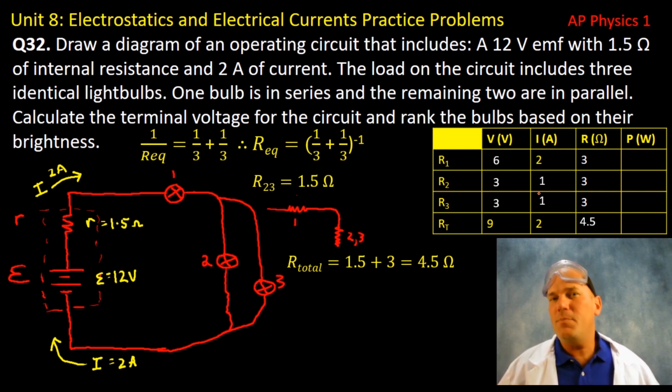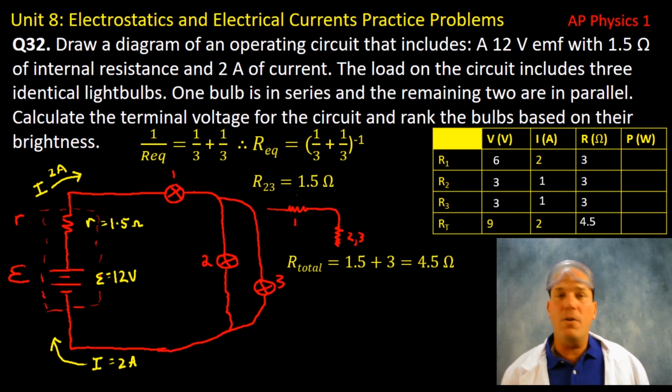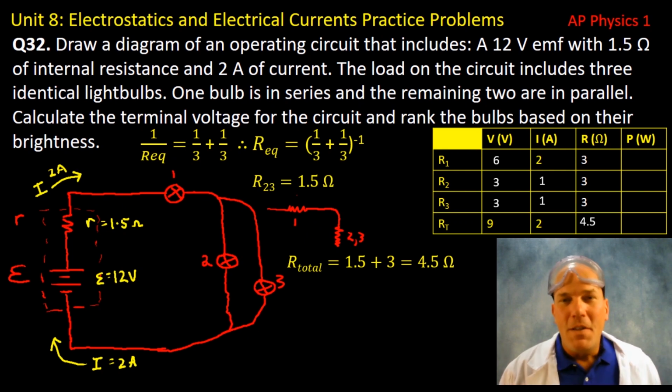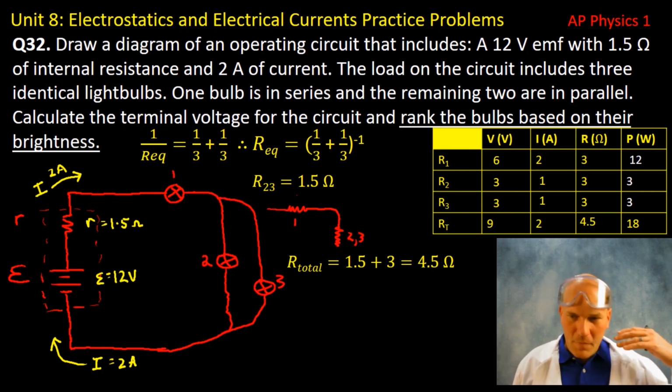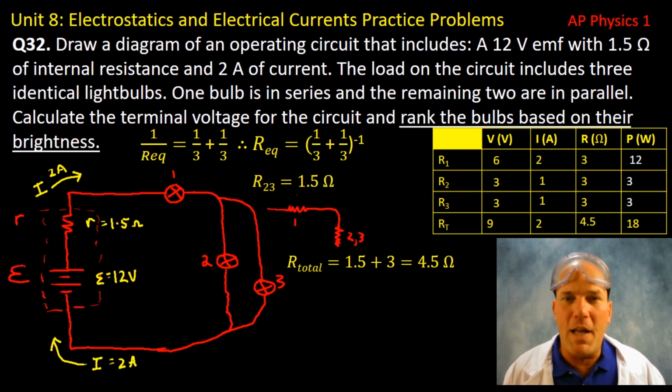However, when there's a split, half the current, or 1 amp, goes one way, half goes the other way, and then they recombine to complete the circuit. So now, let's go ahead and find the power by multiplying the current by the voltage, and that gives us 12, 3, 3, and an overall energy dissipation, overall wattage of 18 watts.